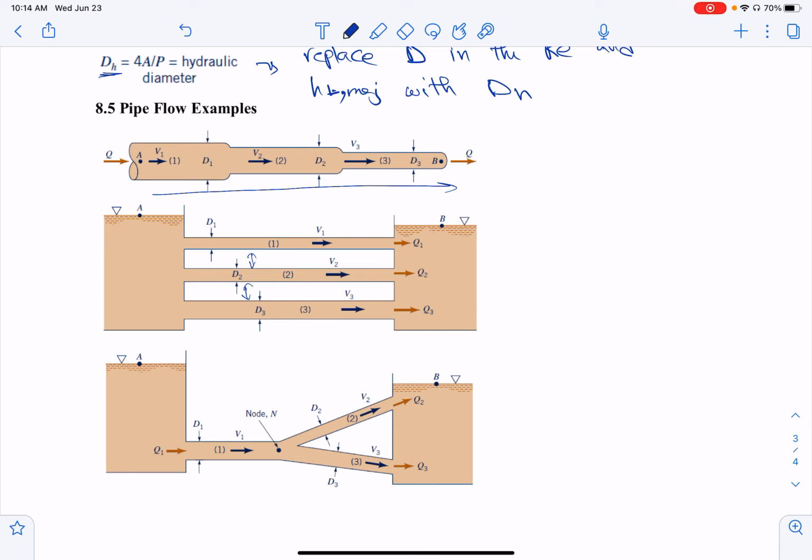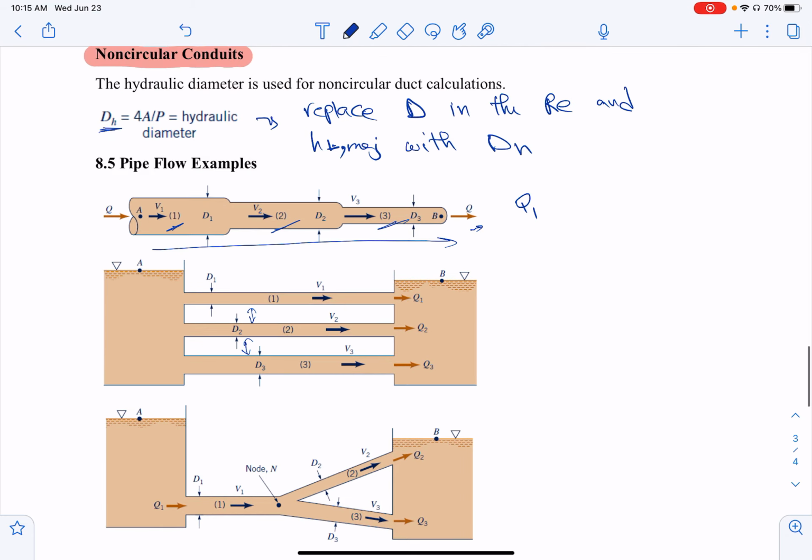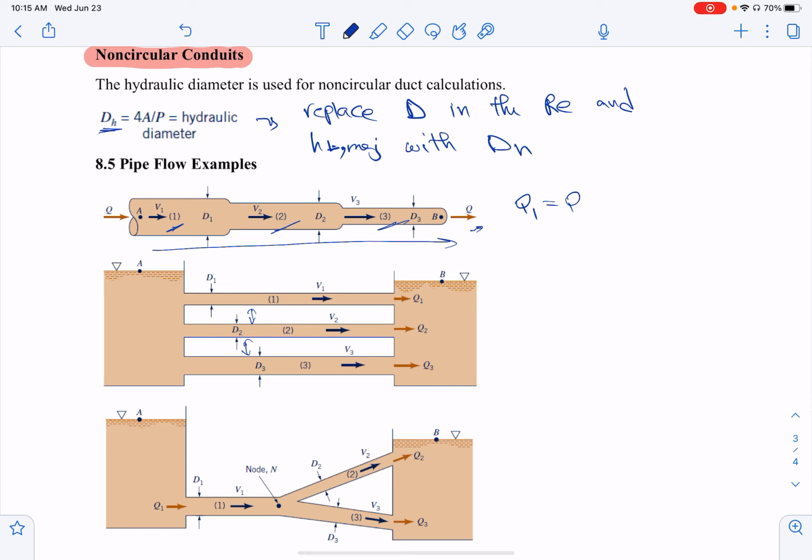So if we consider that definition and apply the conservation of mass, you can see that Q1 right here, this is 1, this is 2, and this is 3. So Q1 here is equal to Q2, equal to Q3, right?